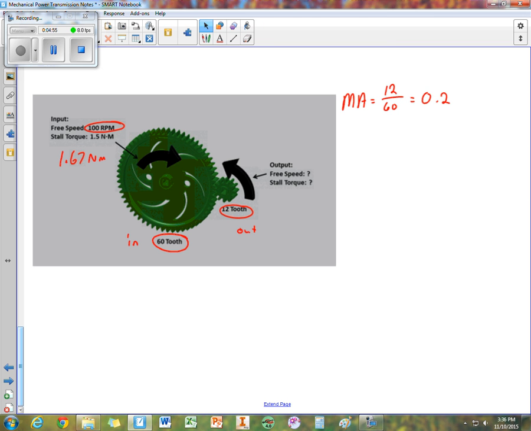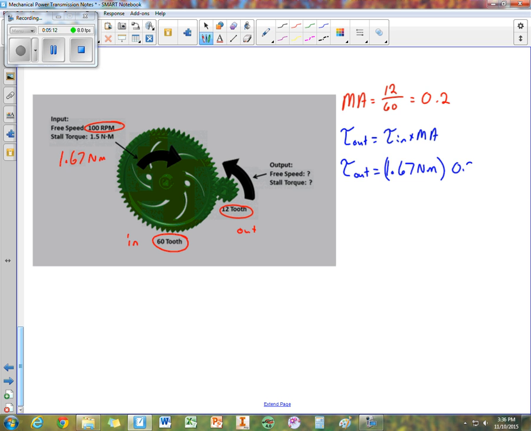So the output torque equals the input torque times mechanical advantage. So we see that the output torque now is 0.334 Newton meters.